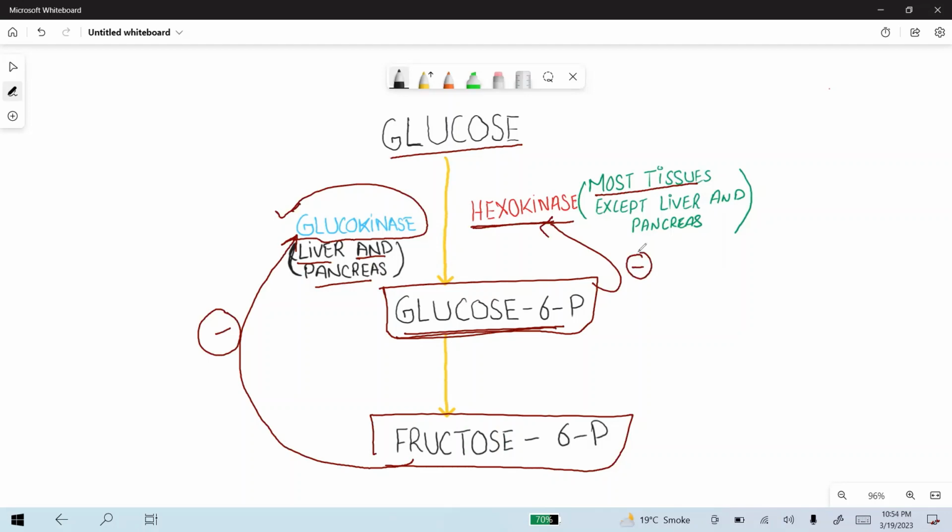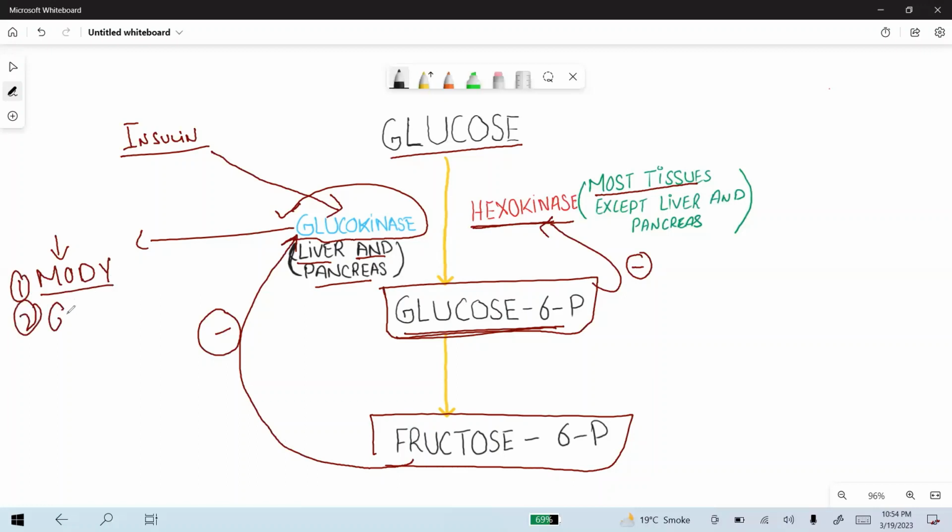Next, glucokinase is induced by insulin, and deficiency of this enzyme leads to maturity onset diabetes of the young and gestational diabetes.